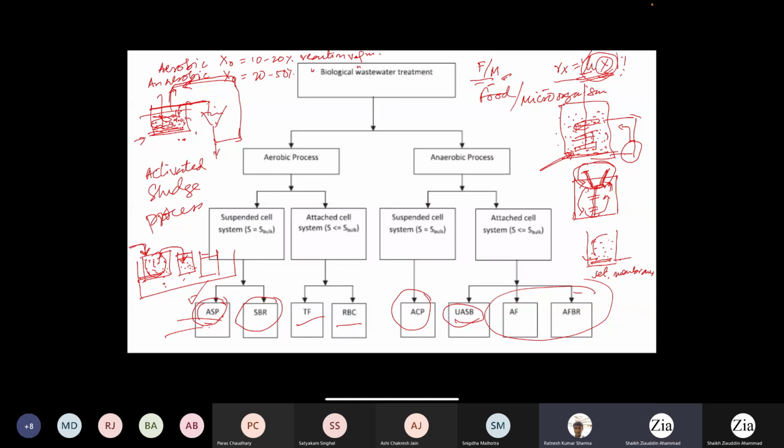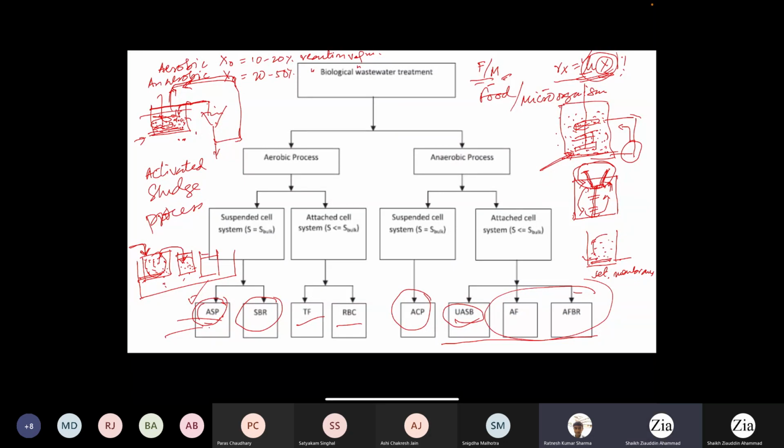Whereas with attached cell systems, you have flexibility because you get much higher concentration in a given volume. And that's why for anaerobic treatment systems, attached cell systems are preferred over suspended cell systems. Whereas in aerobic systems, suspended cell systems are still preferred because they are easy to manage.